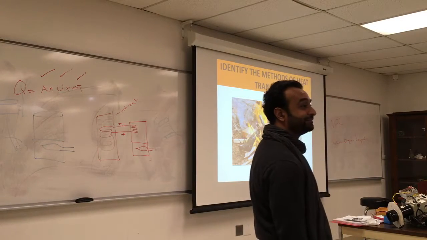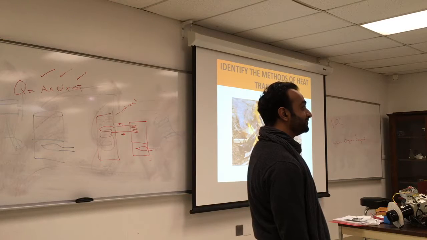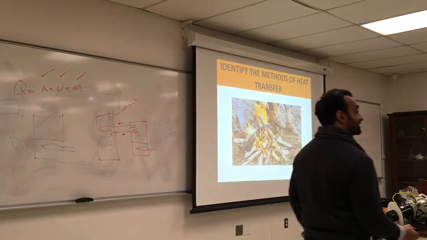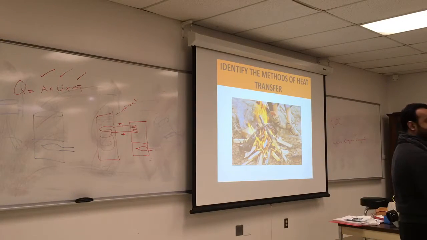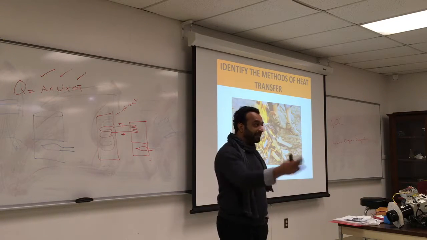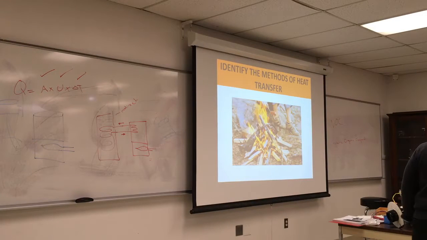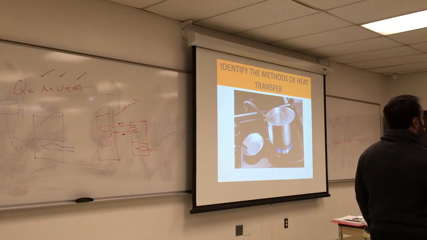What about fire? Convection. It has natural convection. What else? When you're sitting far from the fire, radiation, because the air is going out, and the heat coming to you is radiation. The convection is through the air. What about this one?